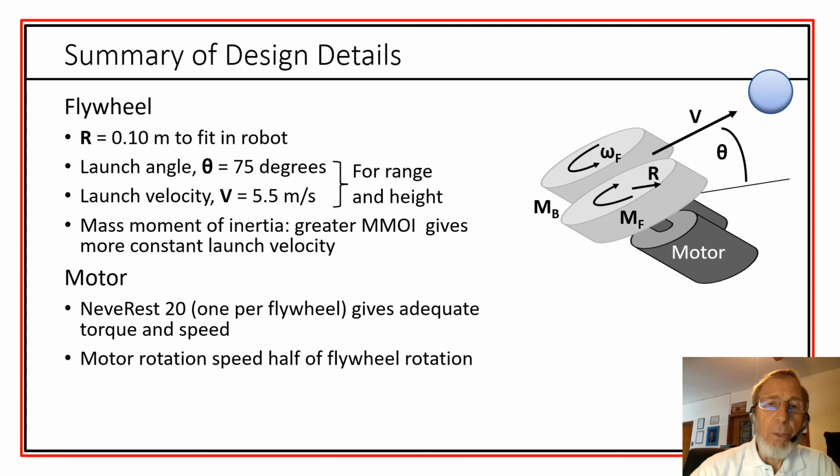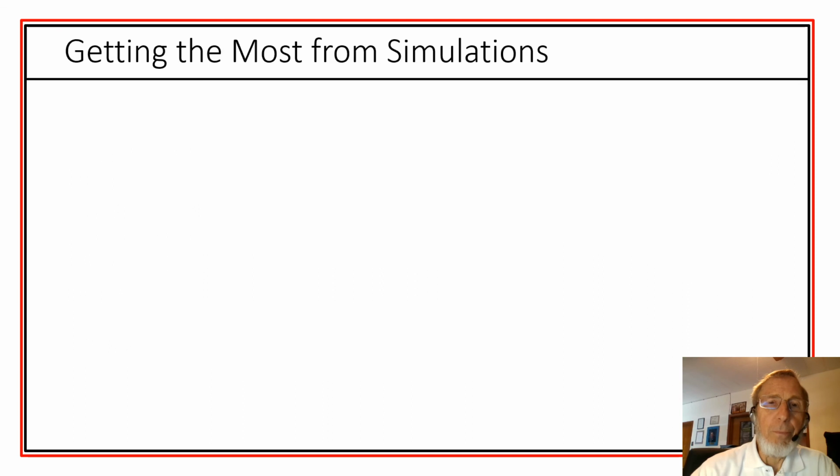And we found that the ratio of 2 to 1 between motor rotational speed and flywheel rotational speed worked relatively well for our system. So we were able to define a number of things through the use of some of these simulations.